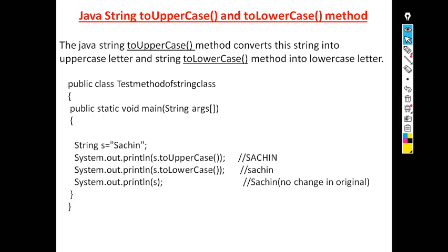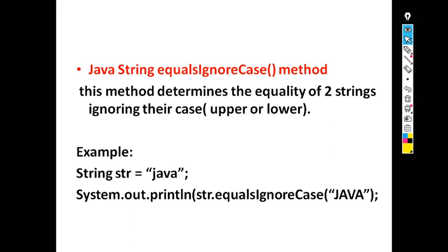Now, one more method, equalsIgnoreCase. In this method, the equality of two strings is matched, but they are not looking at the cases, they are ignoring the cases. Cases means uppercase and lowercase.